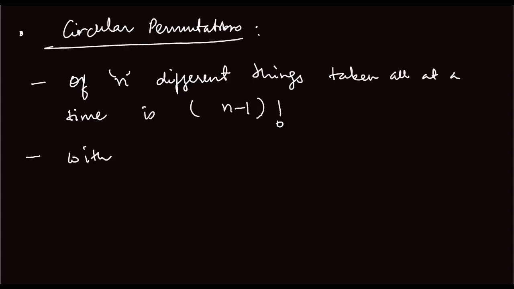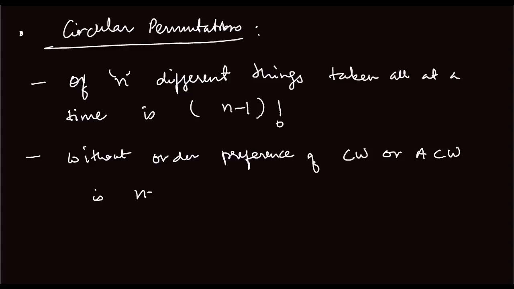Then without order preference, clockwise or anti-clockwise, it is n minus 1 factorial divided by 2.